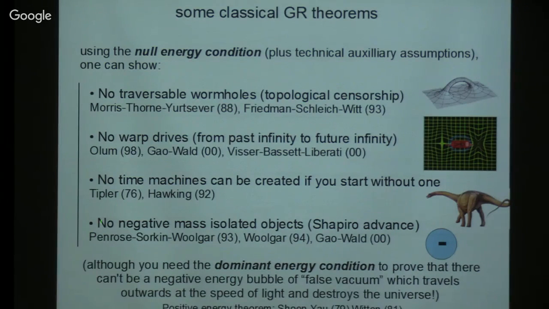And another interesting result is a sort of positive energy theorem that says, given the null energy condition, you can't have any negative mass objects. This is actually a special case in some ways of the no warp drive result, because in general relativity, there's an effect called the Shapiro delay, which says anytime you send light past some massive object like a star, the light is slowed down relative to what it would be if there was no star.